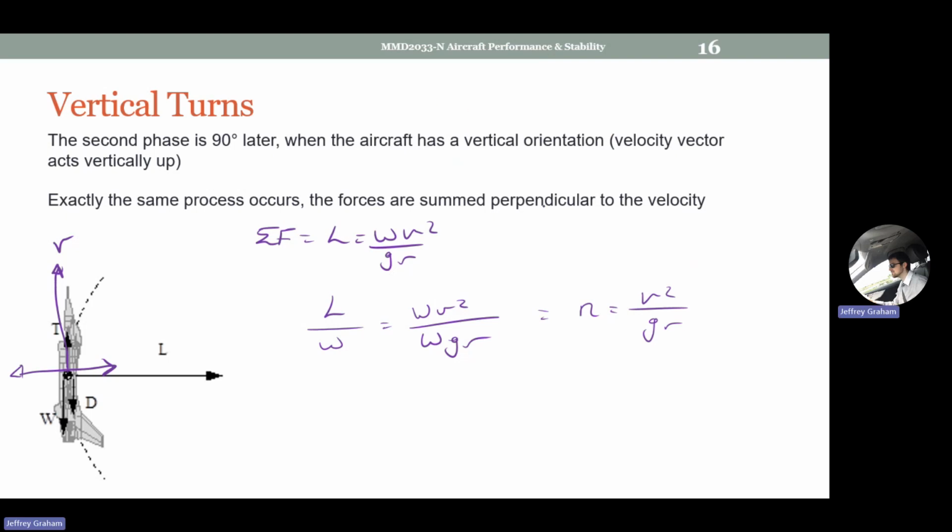Right, you can rearrange that for the radius, which is v squared over gn. And if we use that relationship, the rate of turn in this case is g over n, flips it over, v, cancelling out that.